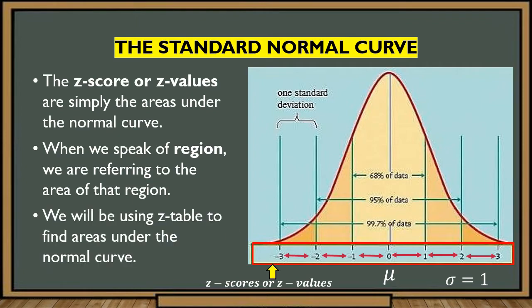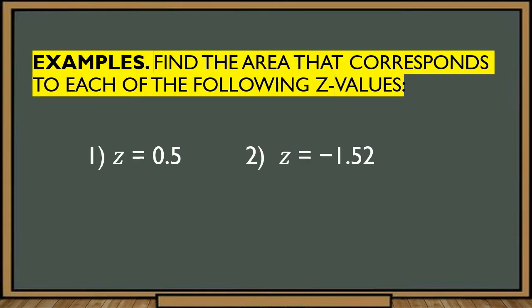We will be using z-table to find areas under the normal curve. So it is very important that you have your own z-table with you, so that you can find areas, because if wala ka nito, you will not be able to find, because we cannot search any areas under the normal curve except for the z-table. So, dyan lang natin makikita yung areas under the normal curve.